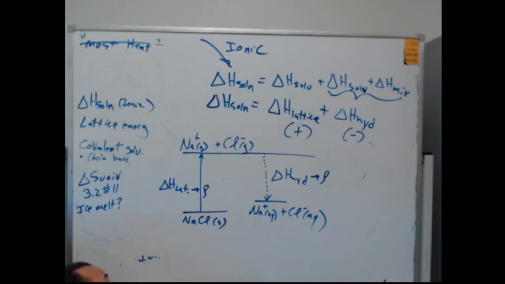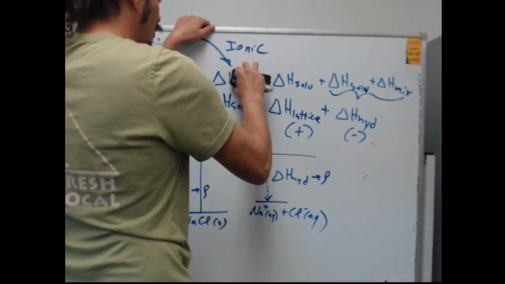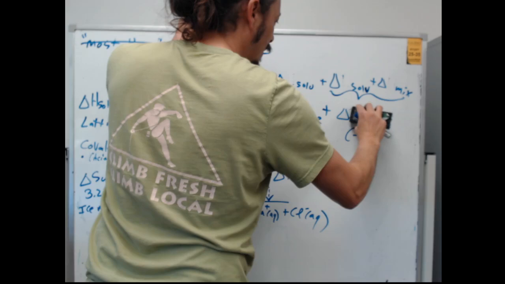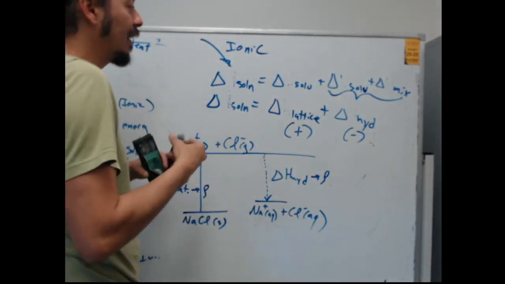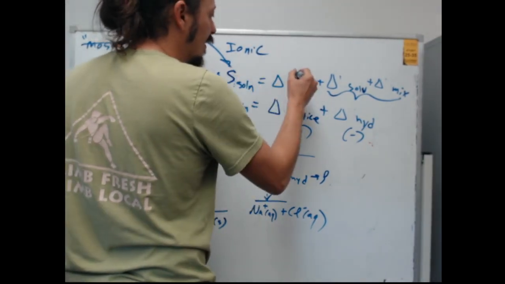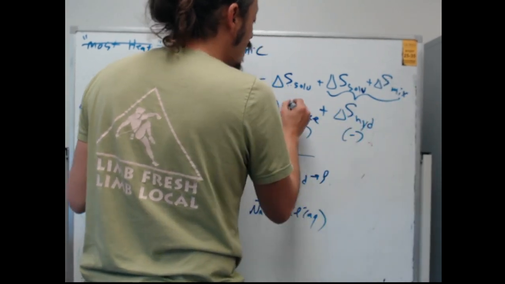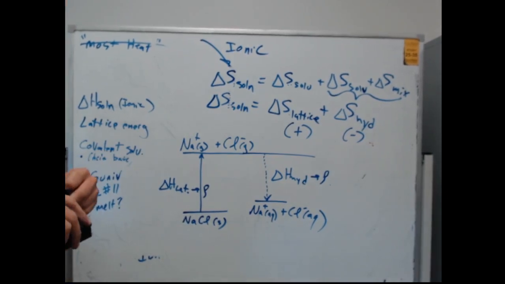Okay, so how does this change if instead of looking at delta H, we're looking at delta S? Technically, I can just switch all of those. You should rewrite this in a new part of your notes, but I would have to erase everything and write it again. I can do this with the exact same process, thinking about a different thermodynamic variable.